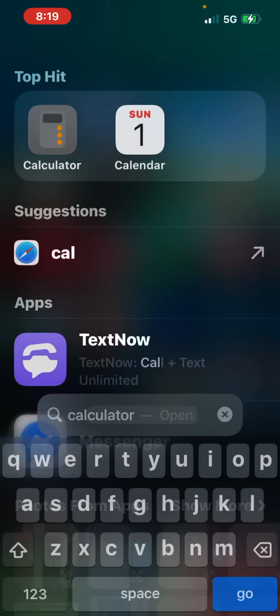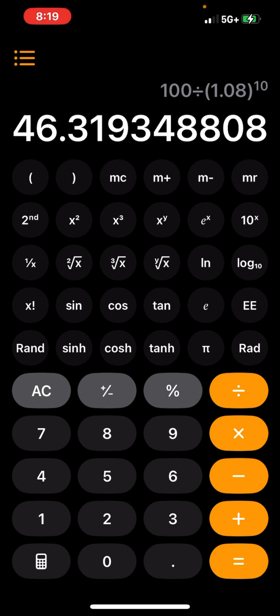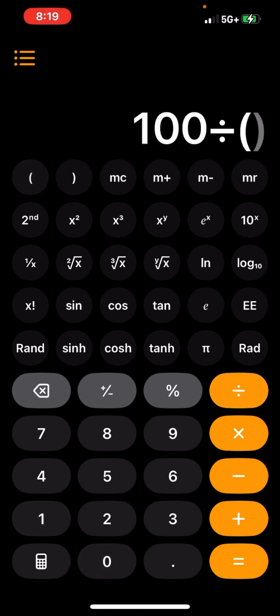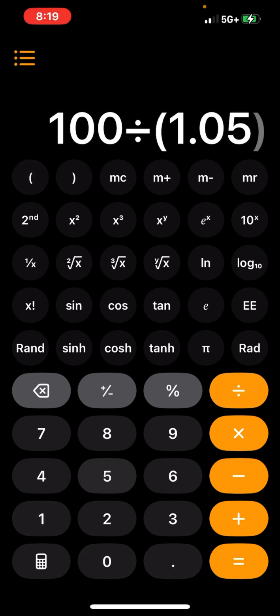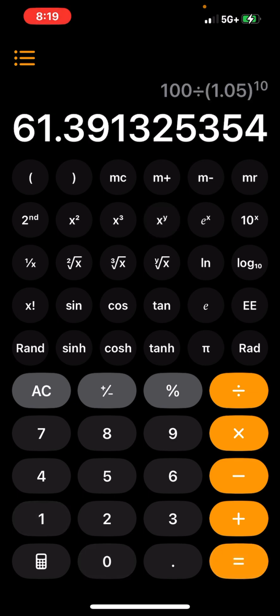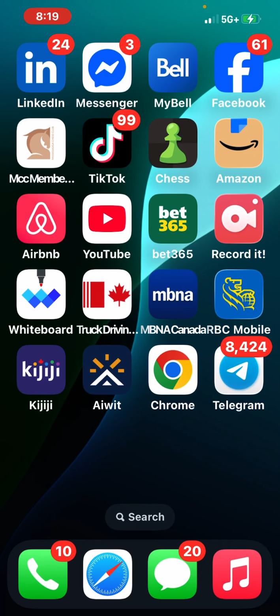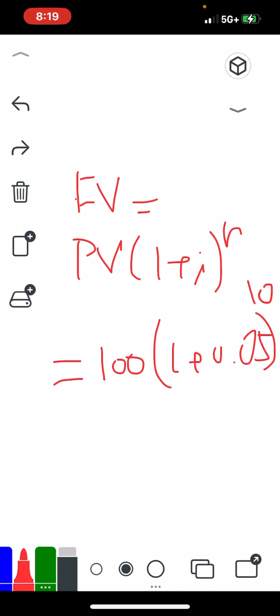If you do the math, this is 100 times 1.05 all raised to 10. Now this will be your future value.